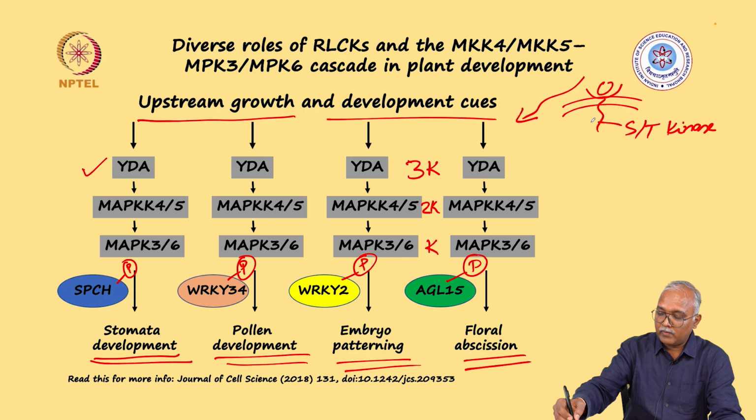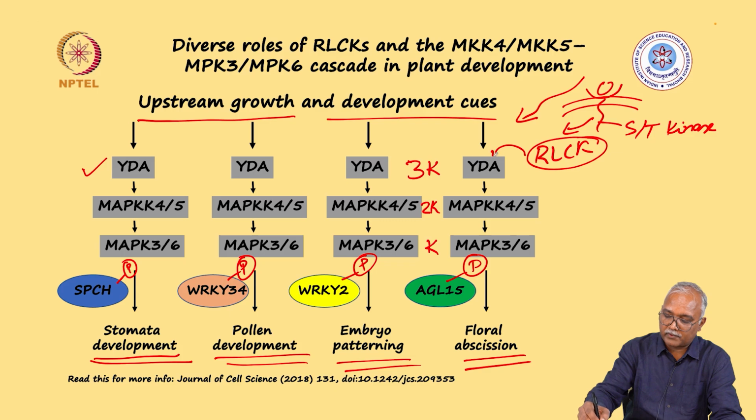And then you will see here that you activate an RLK downstream of the receptor, which is a key molecule in phosphorylating the MAP3K. So the receptor binds its ligand, activating an RLK, which also needs to be phosphorylated, and this activated RLK activates the MAP3K, which follows the cascade of phosphorylation events.